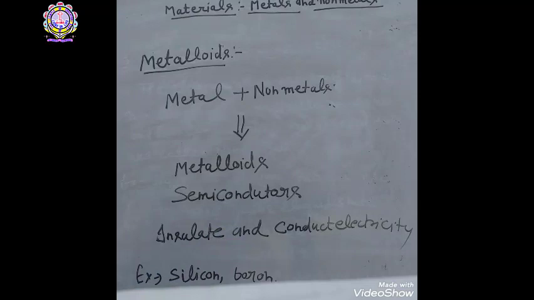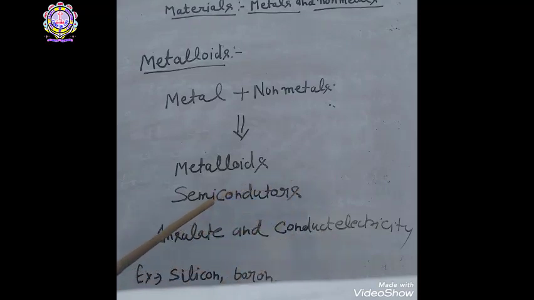Semiconductors means they are both insulators and conductors of electricity and heat. Insulate means they inhibit the passage of light or heat, and conduct means they pass light and electricity from one point to another. So these are insulators and conductors both.